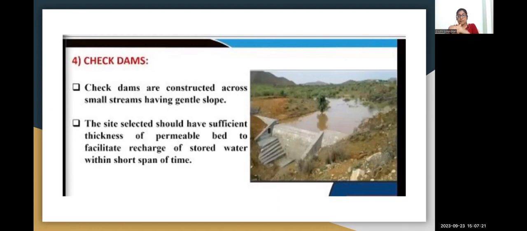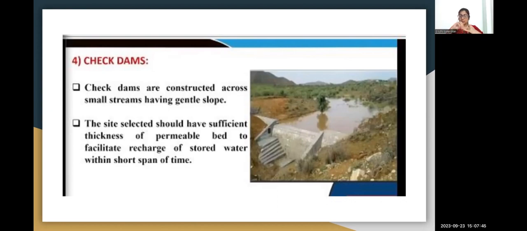When the water level increases, there is a provision for overflow, or sometimes sluice gates, just like in big dams, for allowing the water to flow. This is also one method of naturally recharging groundwater. Here again, these are constructed across small streams having gentle slopes.